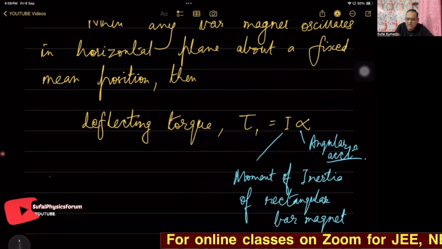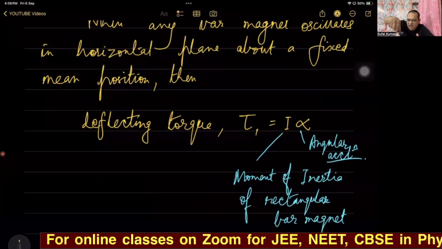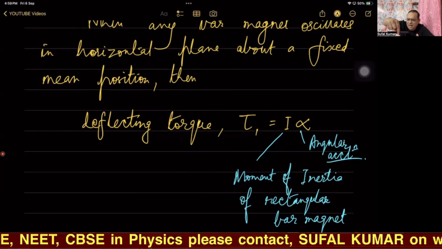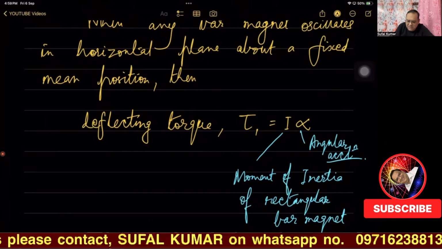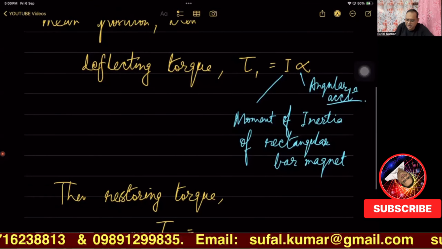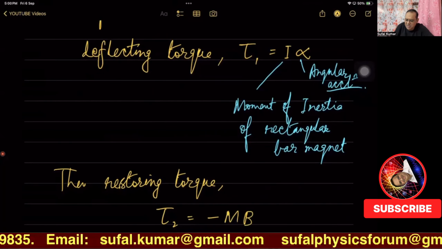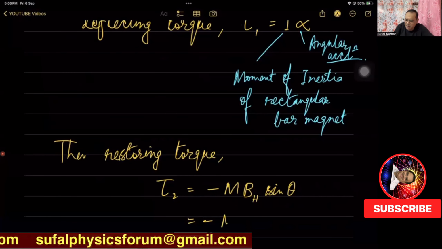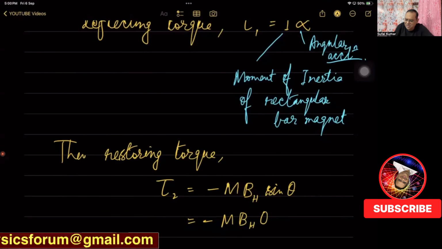Then obviously, in the process of this kind of horizontal oscillation, it will experience a restoring torque as well. The restoring torque, tau 2, is minus mBH sine theta, that is equal to minus mBH theta.